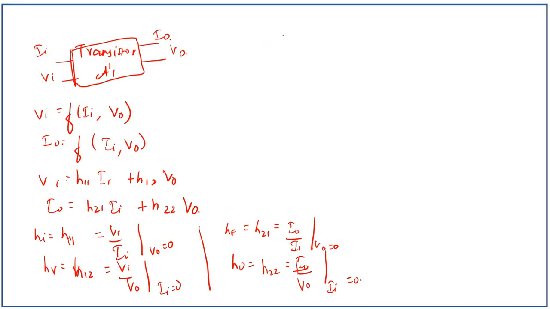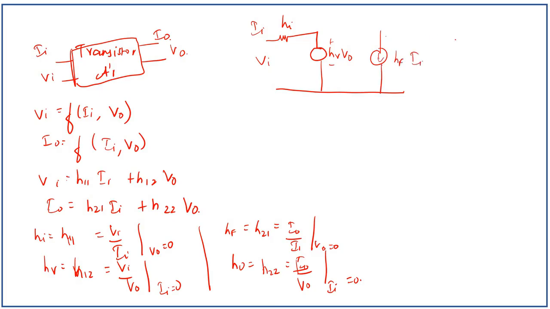So the equivalent model is, we have the input impedance Hi, input voltage Vi and input current Ii, and here we have HR V0, the reverse voltage gain, and V0, and here we have the current source HF Ii, and the output admittance, actually it should be 1 by H0.